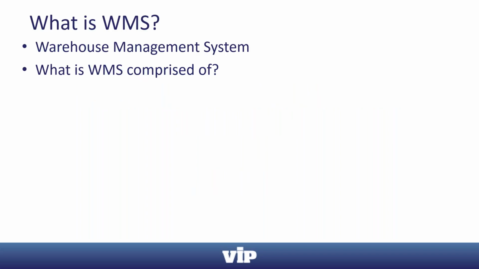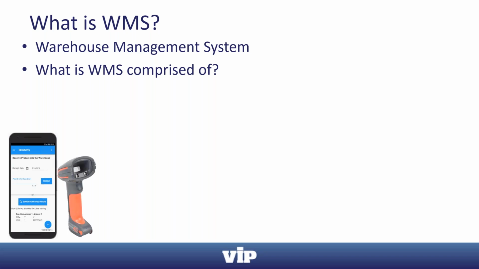One of the first things that I like to talk about is really what is WMS, and the reason being is I think sometimes people think LBI is WMS, but really WMS is a system or a suite of products, and at VIP they're comprised of a few different things. You might be using some form of receiving in the warehouse or counting in the warehouse.